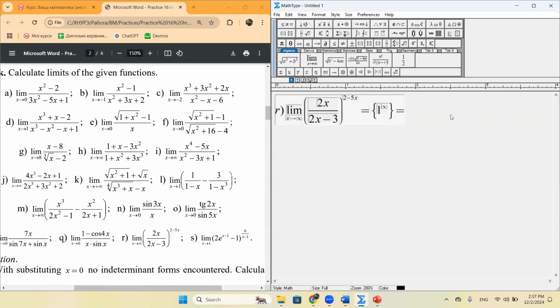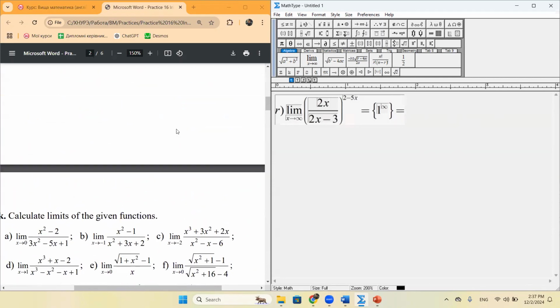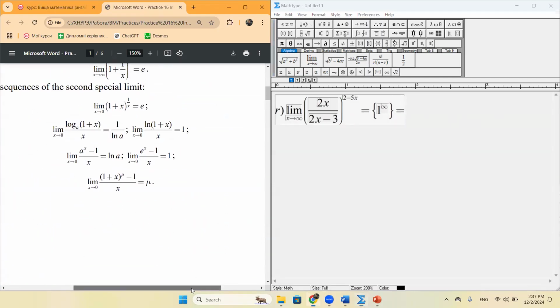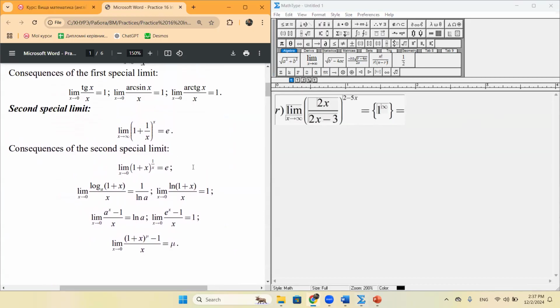For these indeterminate forms, we use the second special limit and its consequences. But in this case, we cannot use such a limit in the explicit way. So we need to transform this expression, of course.